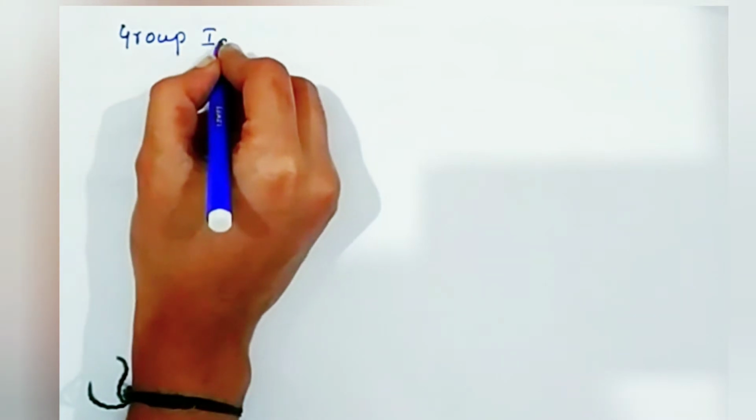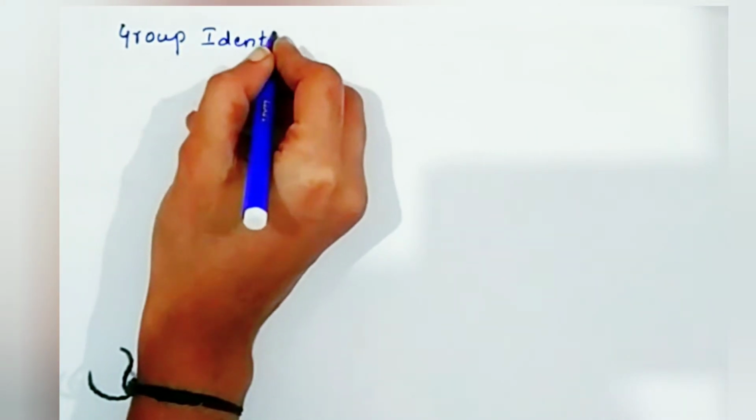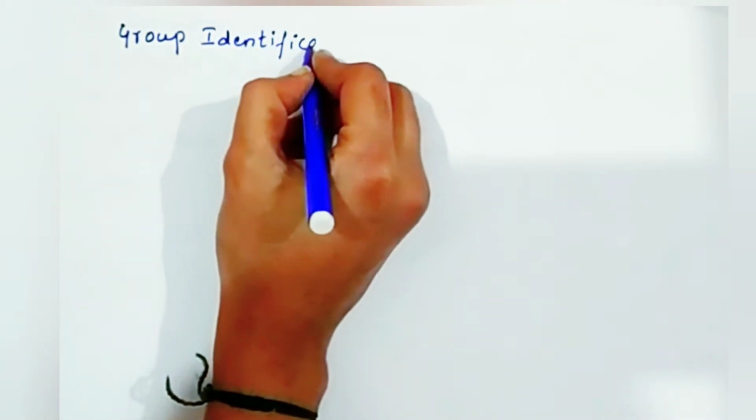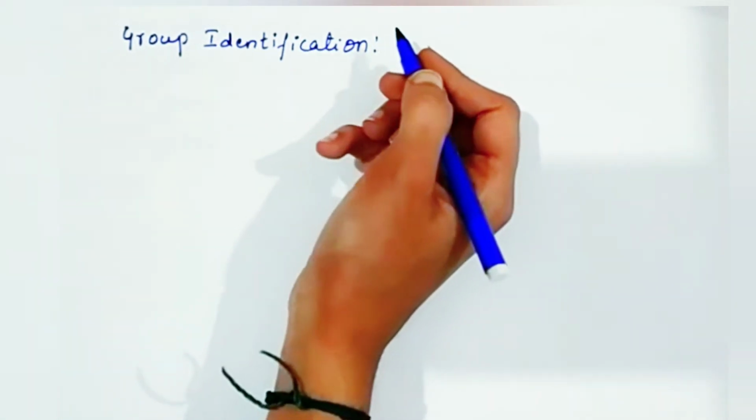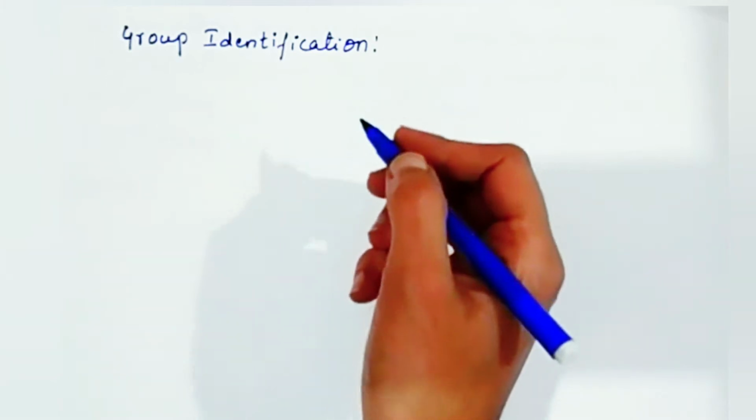First we will learn how to find group number. Group identification. If electronic configuration of an element is given, then well and good.